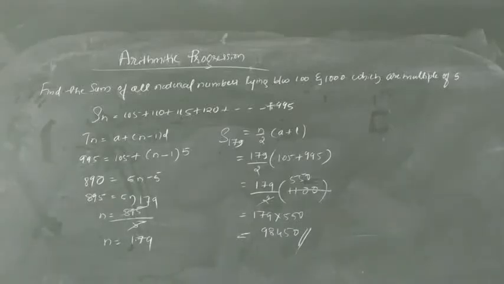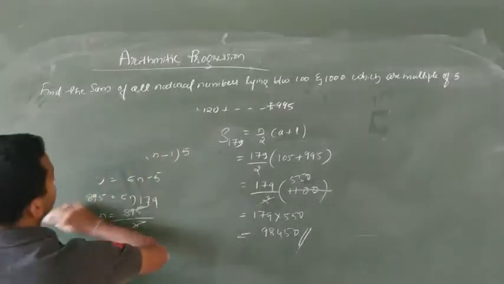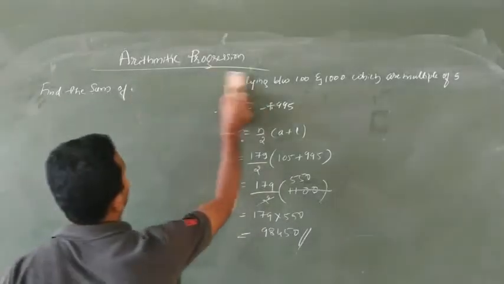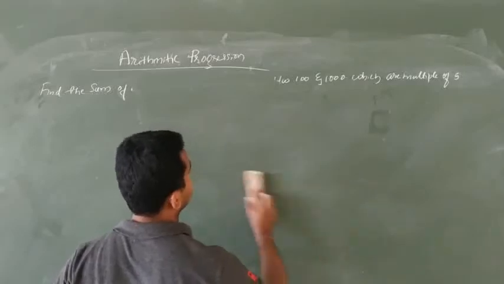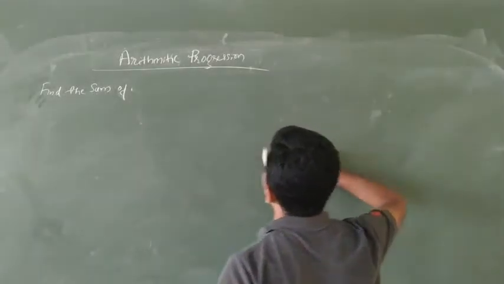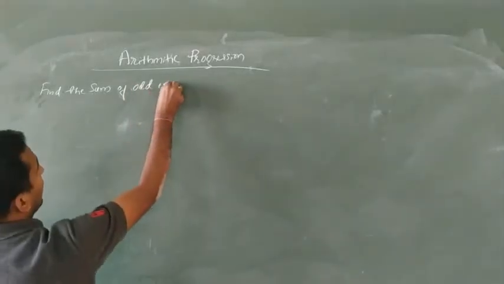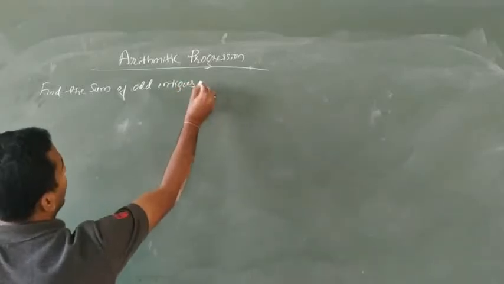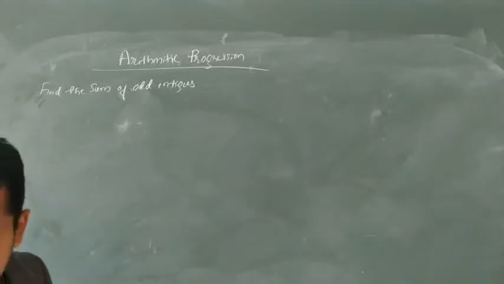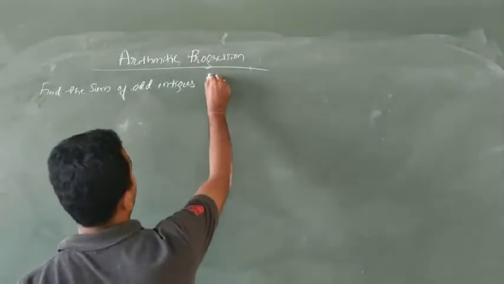Okay, the next one is to find the sum of odd integers from 1 to 2001.